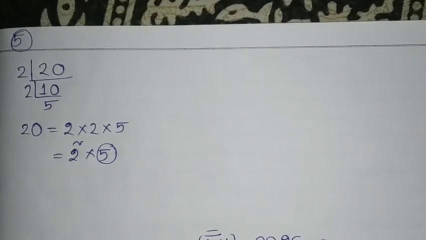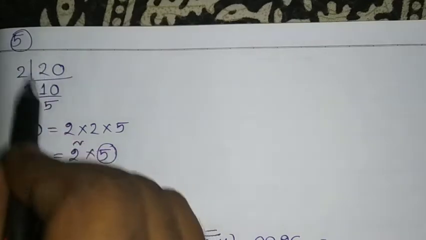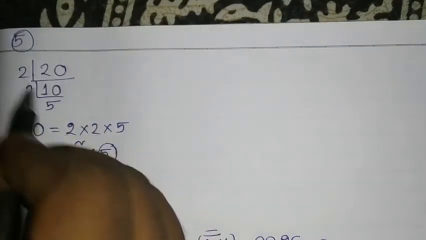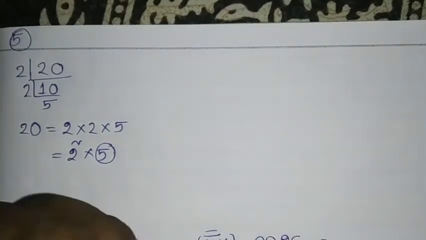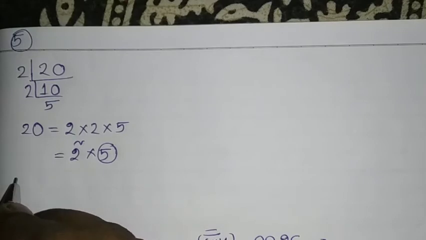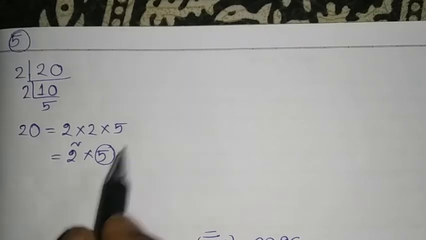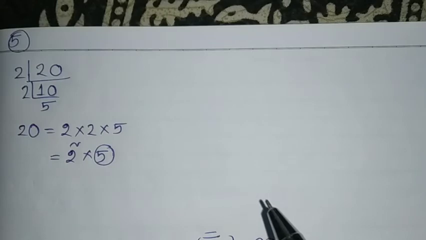Now if we multiply 20 with 5, that means it will be a square number. So in the third column, what we need to write? In the third column, you write like this: if we multiply 5 with 20, then the product will be a what?